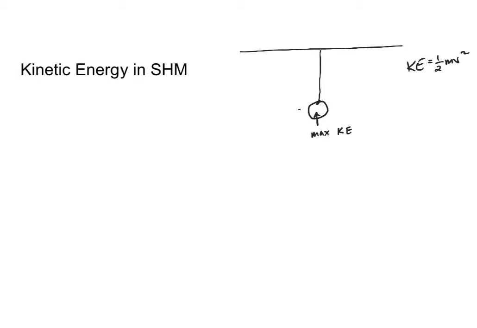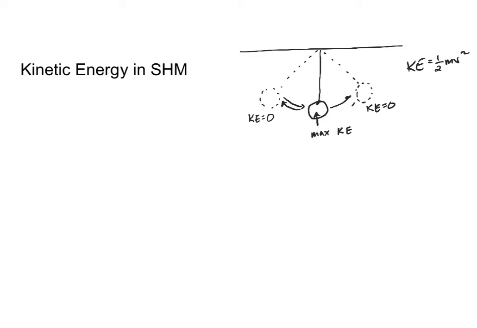I'm going to decrease in my kinetic energy as I go up to my maximum point. And when I get to that maximum point, my kinetic energy will be 0. Then that kinetic energy will increase as I return to my equilibrium, and then decrease again until I reach 0 at my high point on the right side.